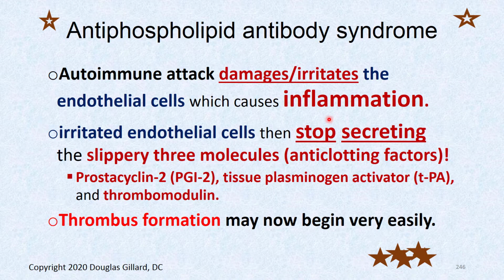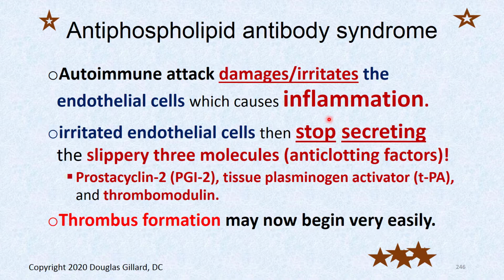The autoimmune attack, it hits the endothelial cells of veins usually and causes an inflammation. And then we've already said when endothelial cells get irritated by inflammation, they respond by secreting stuff they're not supposed to secrete, like von Willebrand factor.